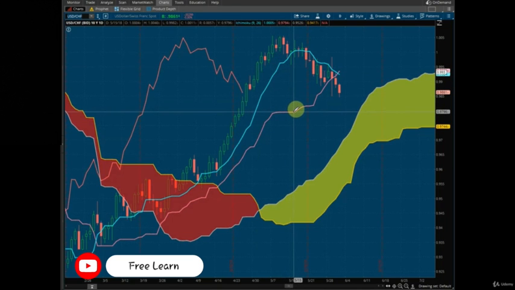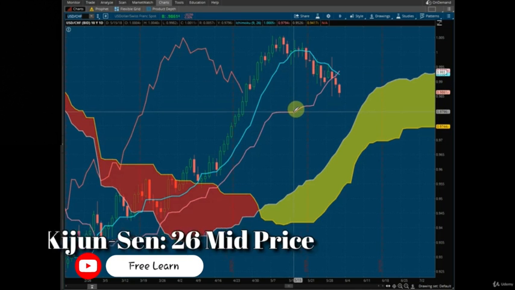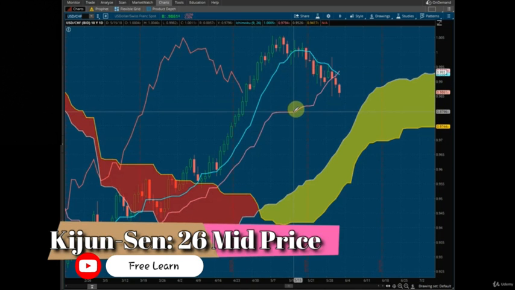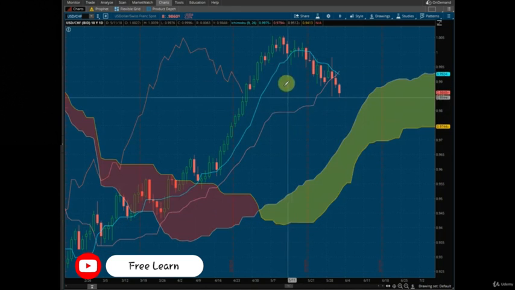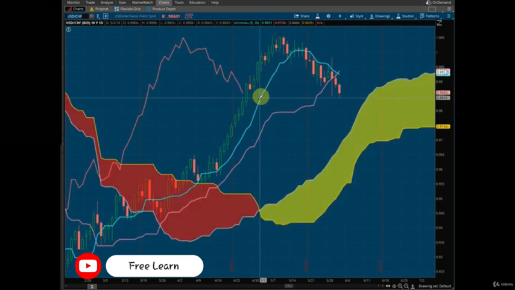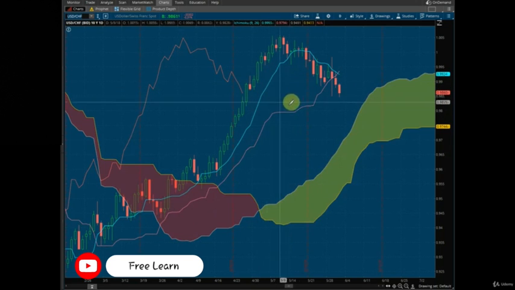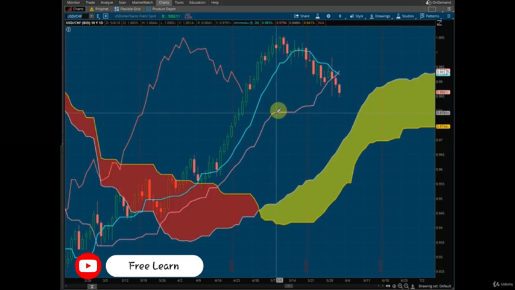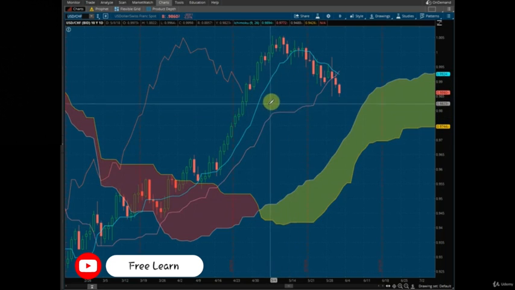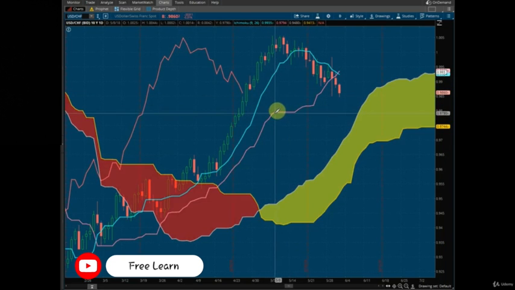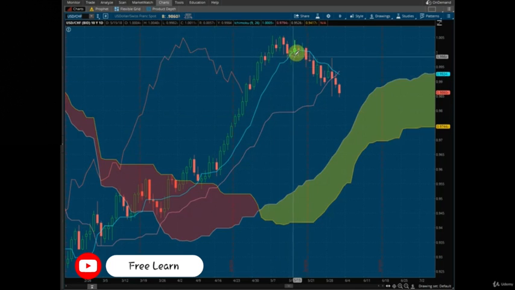The pink line here, Kijun Sen, which is also called the baseline, is a 26-period rolling mid-price. So if you think about moving averages, you have a 9-period and then you have a 26-period. But they're not moving averages. Instead, they are mid-prices. You can see that the flat area here with the Kijun Sen, it's flat, but the Tenkan Sen is not.